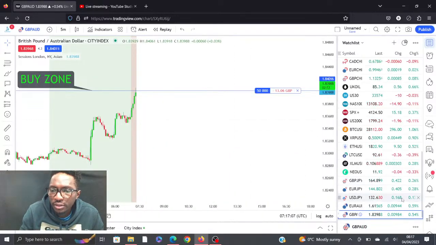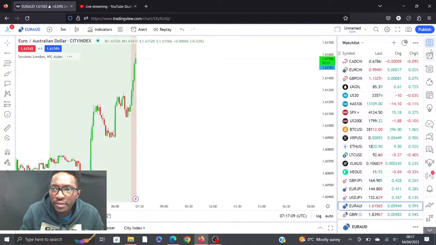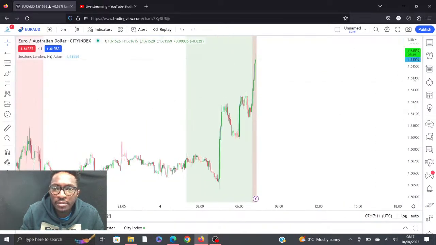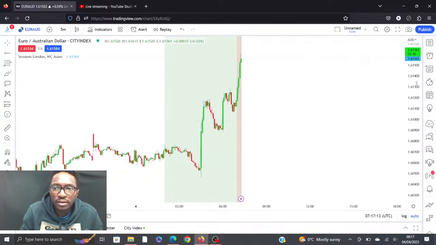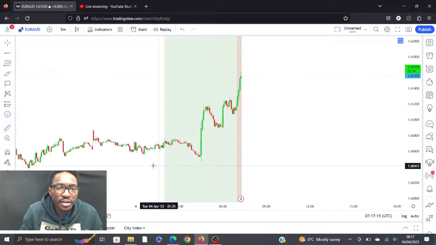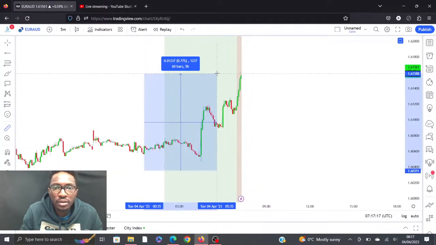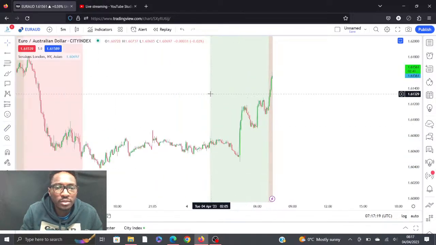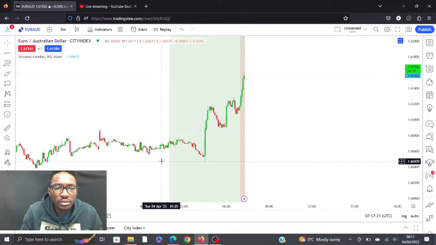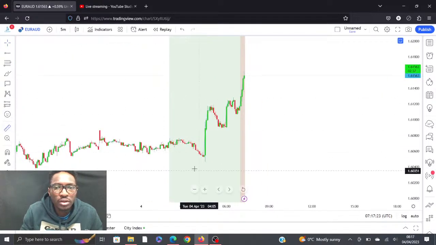Let's have a look at Euro Oz. I think we might also be having a similar trade setup on the Euro Oz. Yeah, so I'm going to go long on the Euro Oz as well.